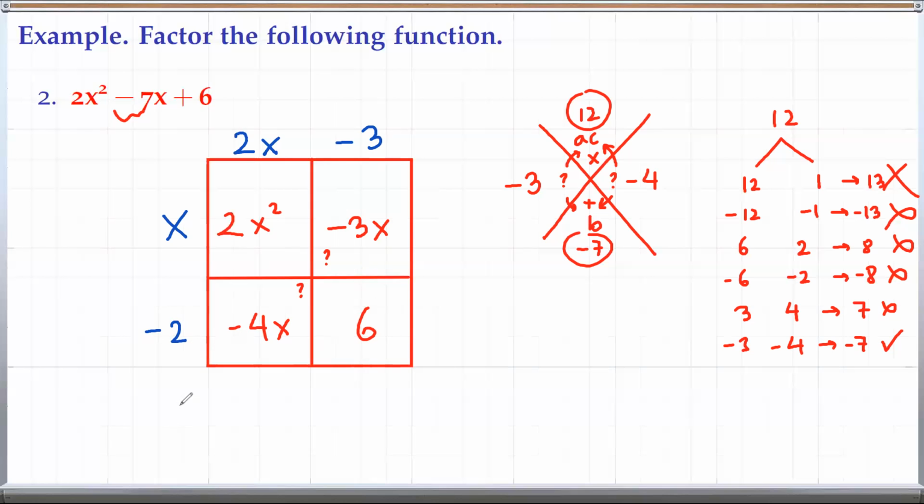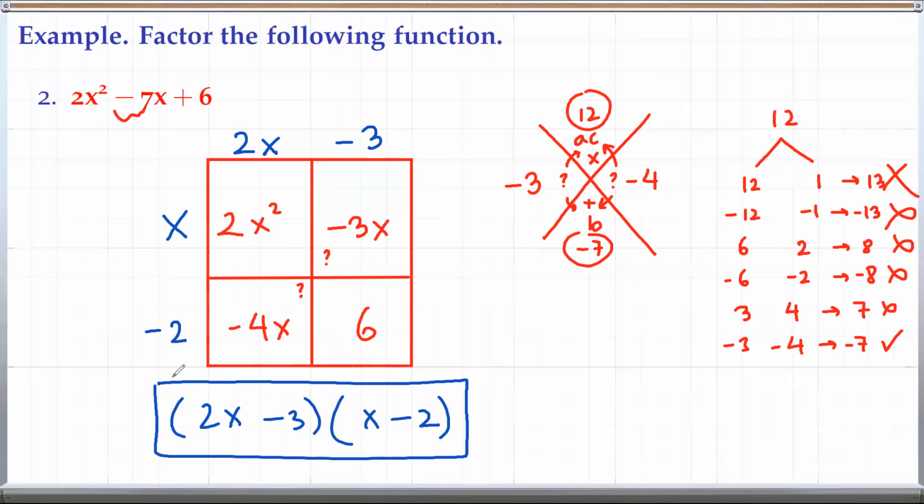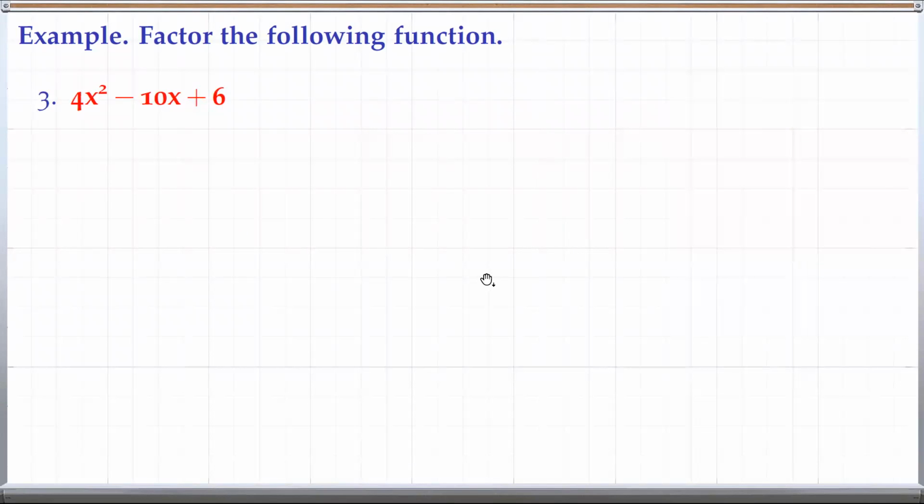So we have the factors 2x minus 3 and x minus 2. We are done with this example. Let's look at the next one now. Here we have 4x squared minus 10x plus 6. We again start by drawing a box.